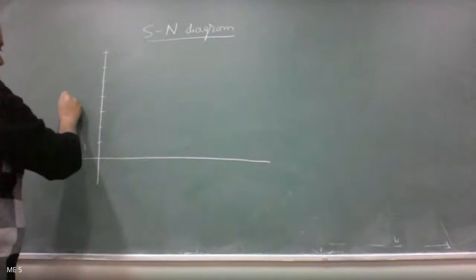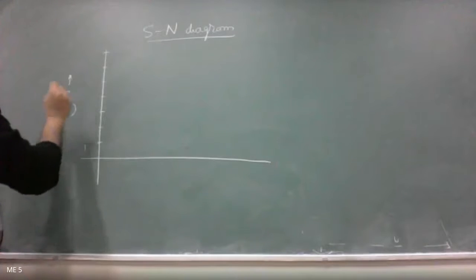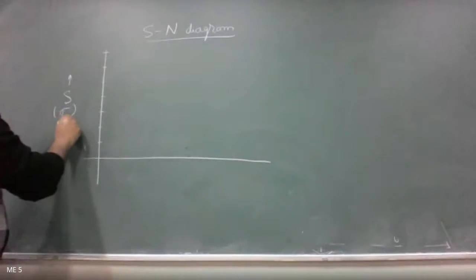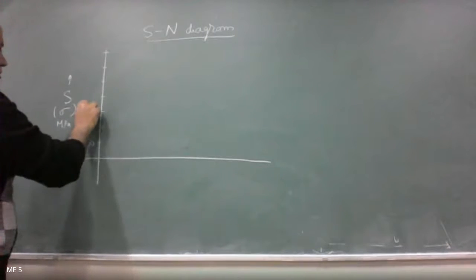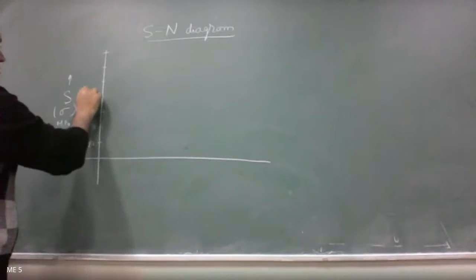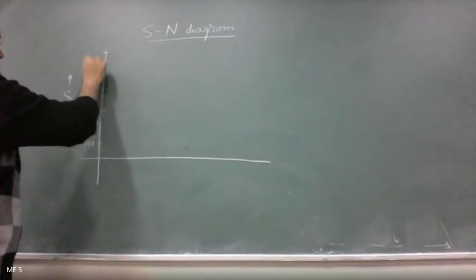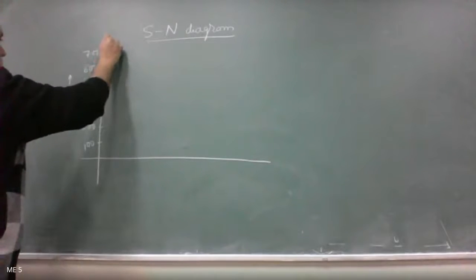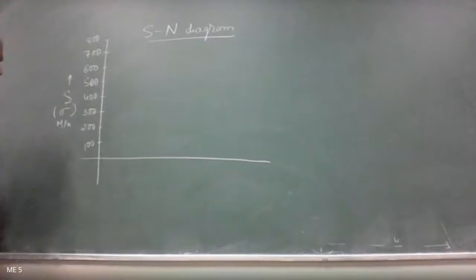I take S in this direction, that is nothing but sigma, in megapascal. So this is 100 megapascal, 200, 300, 400, 500, 600, 700 megapascal, and maybe one more, 800 megapascal, right?